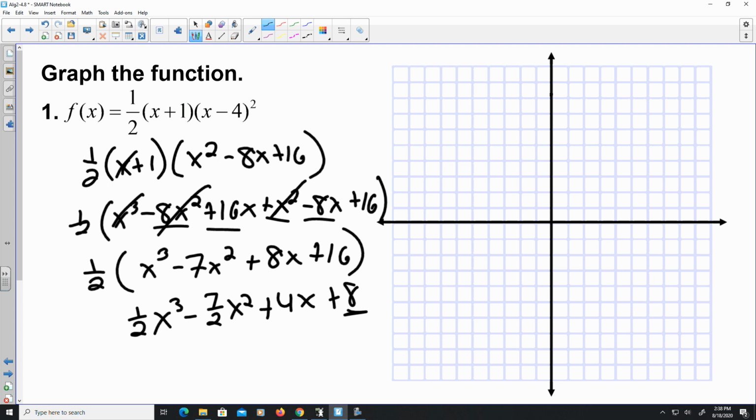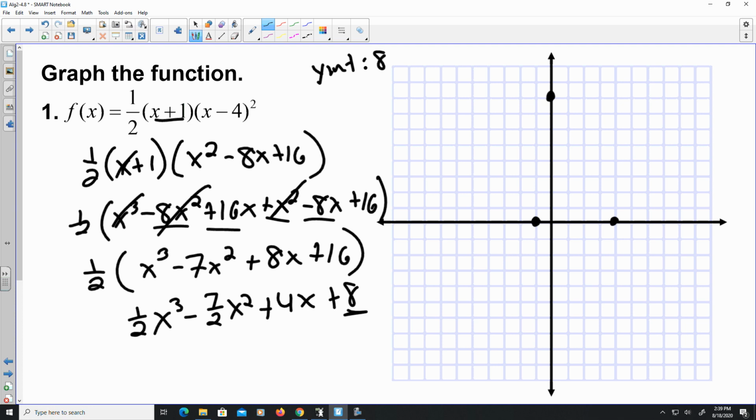That means that 8 is my y-intercept. It's 8. My x-intercepts are going to fall on -1 from here and +4. 1, 2, 3, 4.